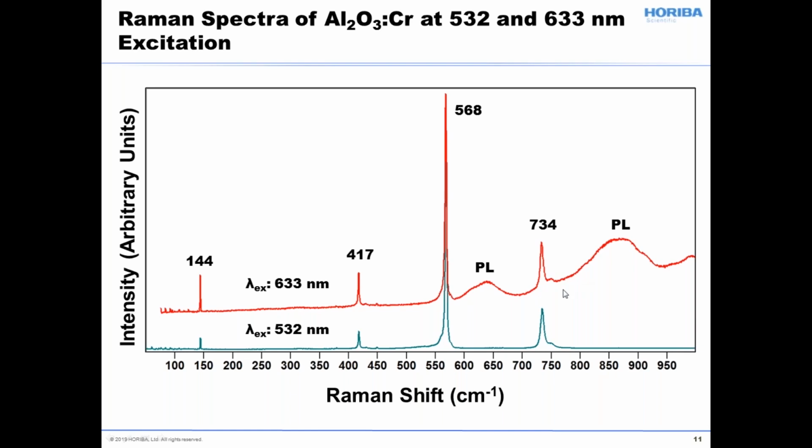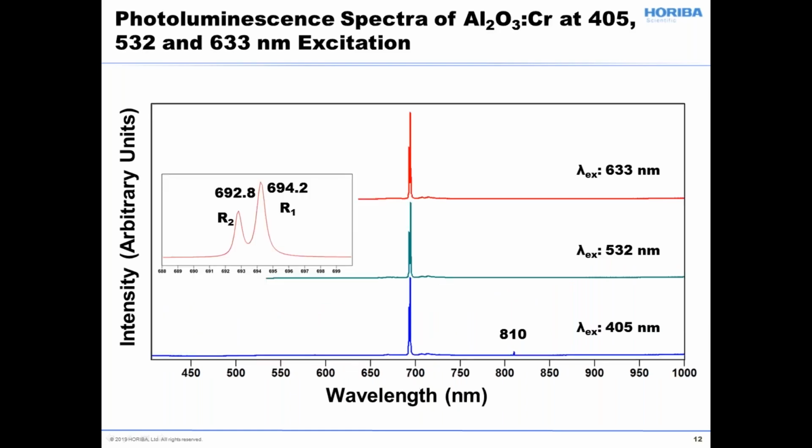So this gives you a way, again, of identifying and differentiating Raman bands versus photoluminescence peaks, because these peaks appear at the same absolute wavelength from the same samples. Now looking at absolute wavelength, these are different peaks, you see the very well-known R1 and R2 peaks from chromium in the 3+ oxidation state in this sample.